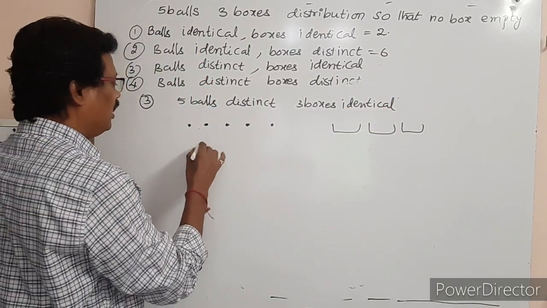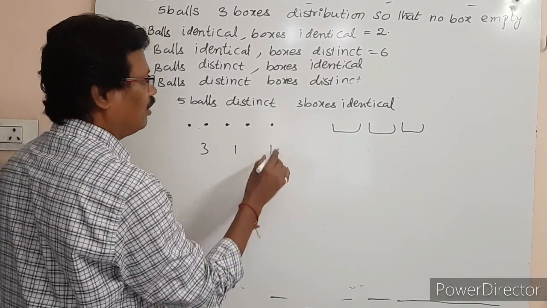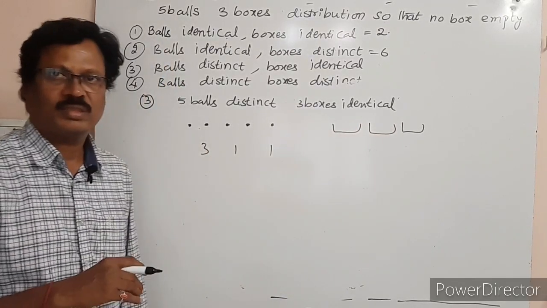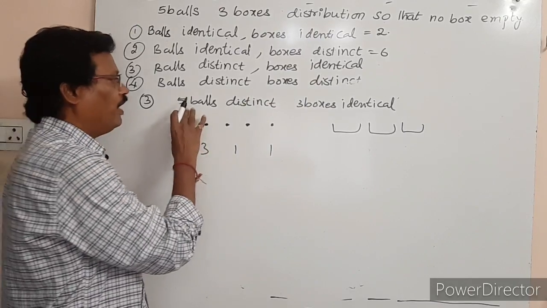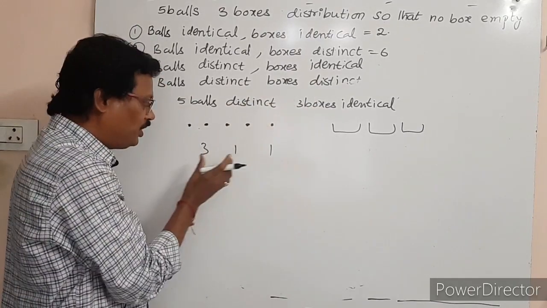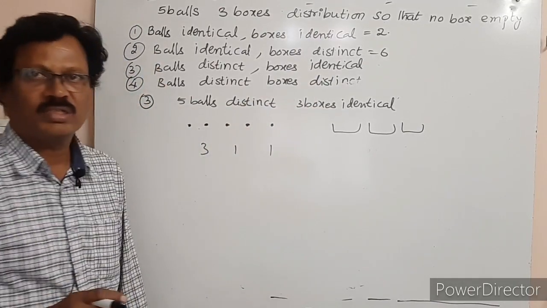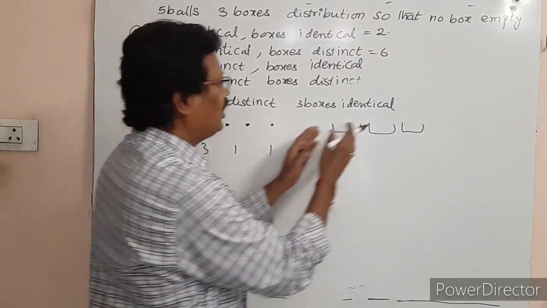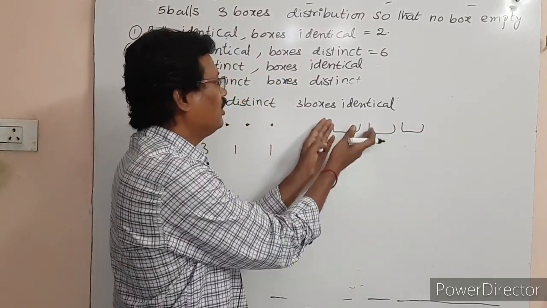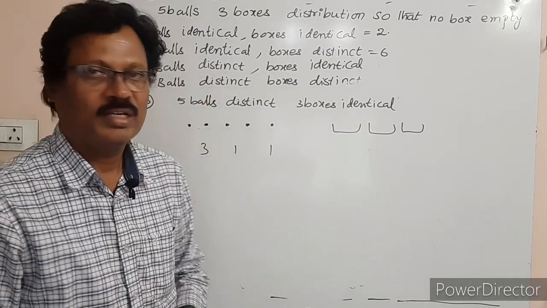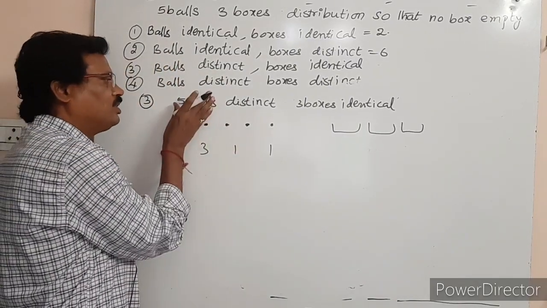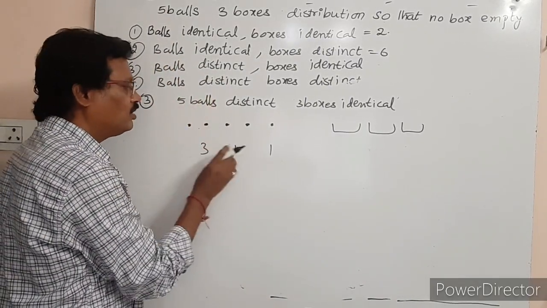Now I am writing 3 balls, 1 ball, 1 ball in the three boxes. Therefore, five distinct balls are divided into 3 groups. These 3 groups don't need to be arranged in the boxes. Why? Because the boxes are already identical. That is why it is only the distribution of the 5 balls into 3 groups.